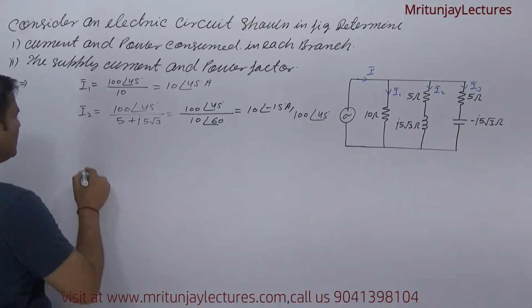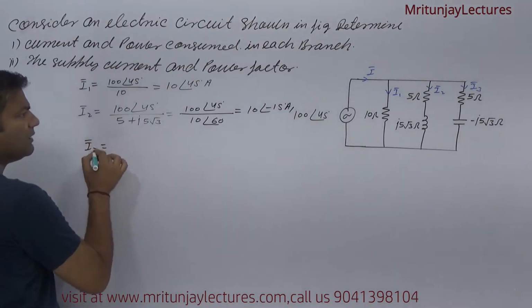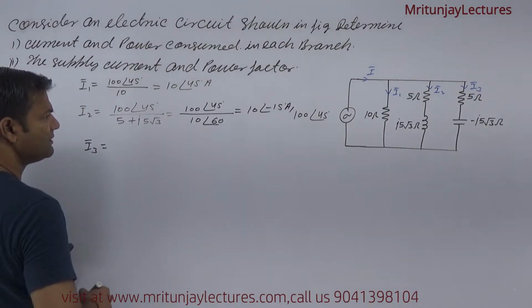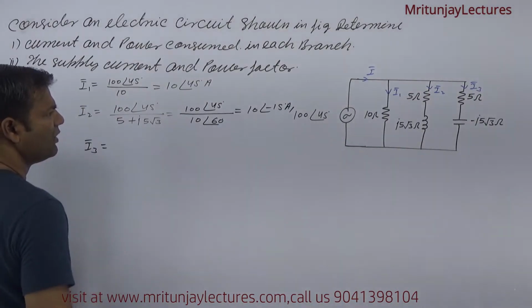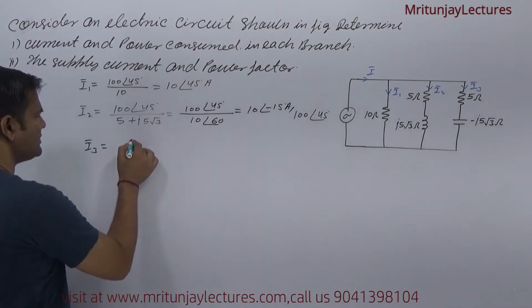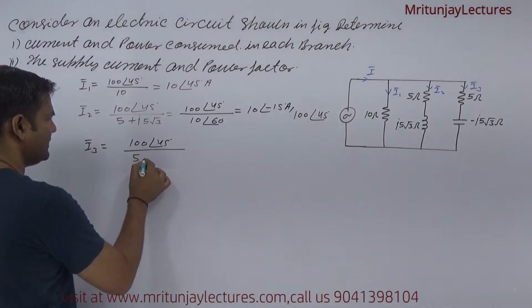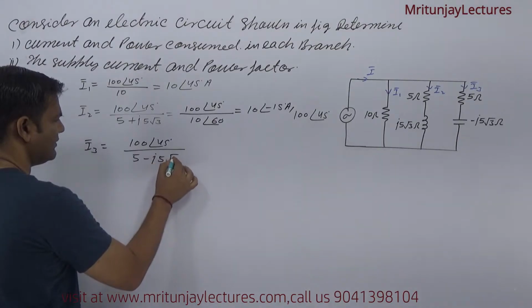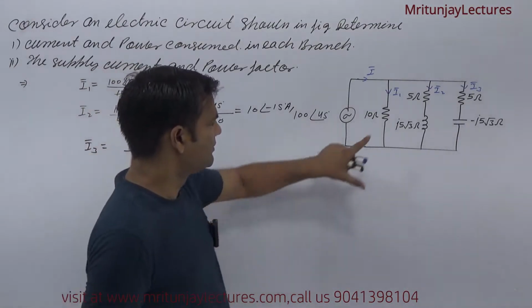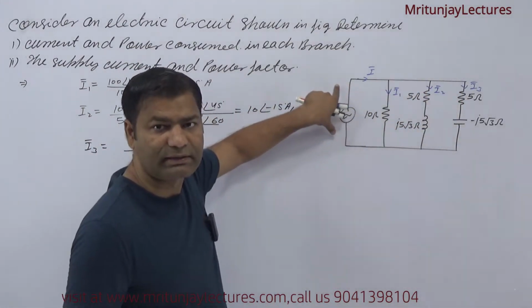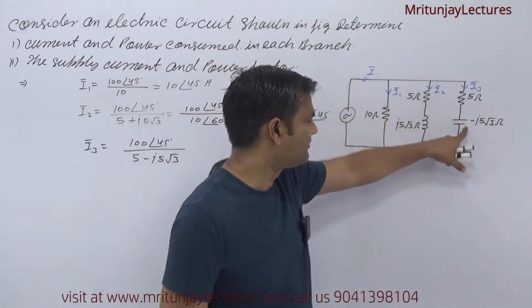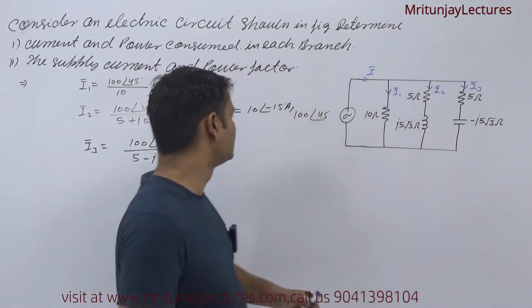Okay. Now what about I3? I3 is written as the same 100 at the angle 45 divided by 5 minus j5 root 3. Very clear? The voltage across this one is the same, and the impedance is 5 minus j5 root 3.